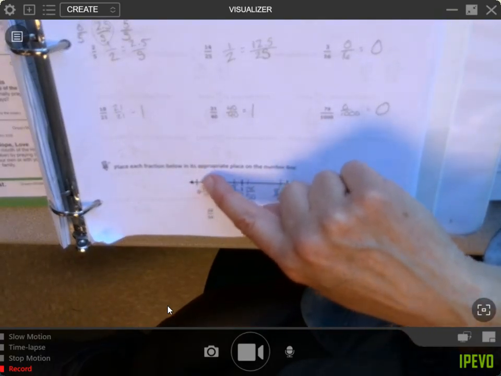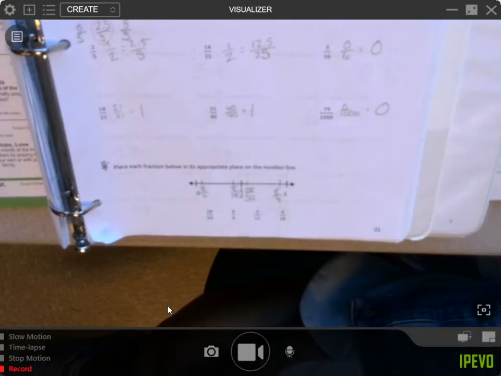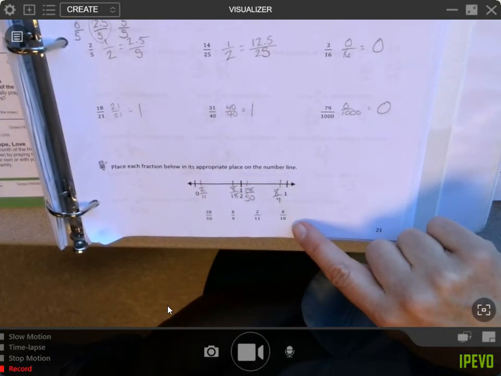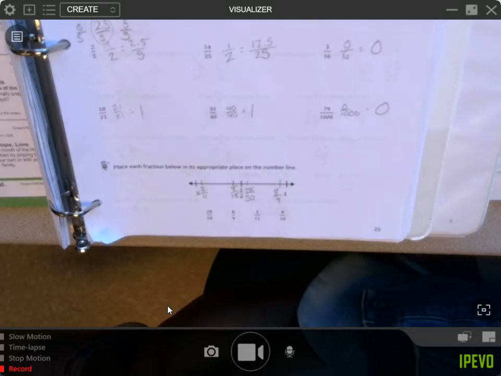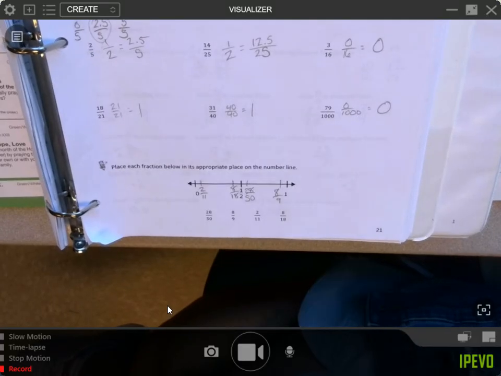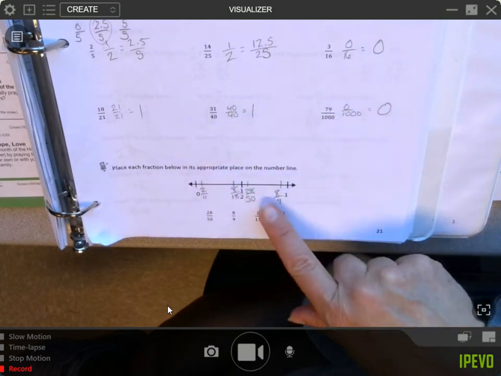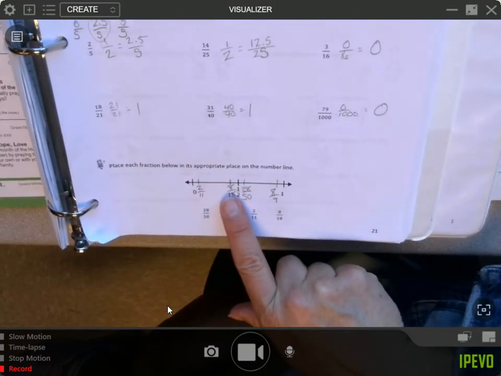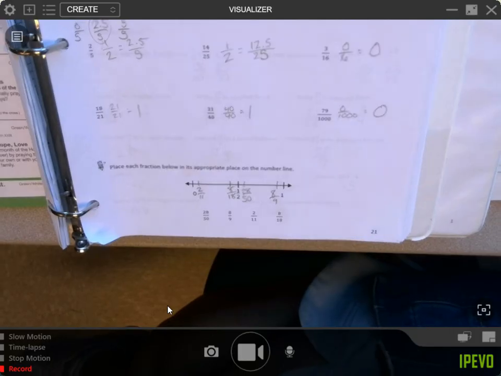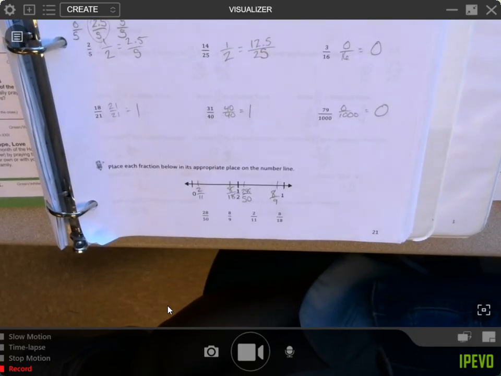It's a little bit more than 0, so it's going to be to the right. And 8/18. Now halfway to 18 is 9. So the 8 is just smaller than the half, so it's going to be to the left of that halfway mark. Any questions on those?